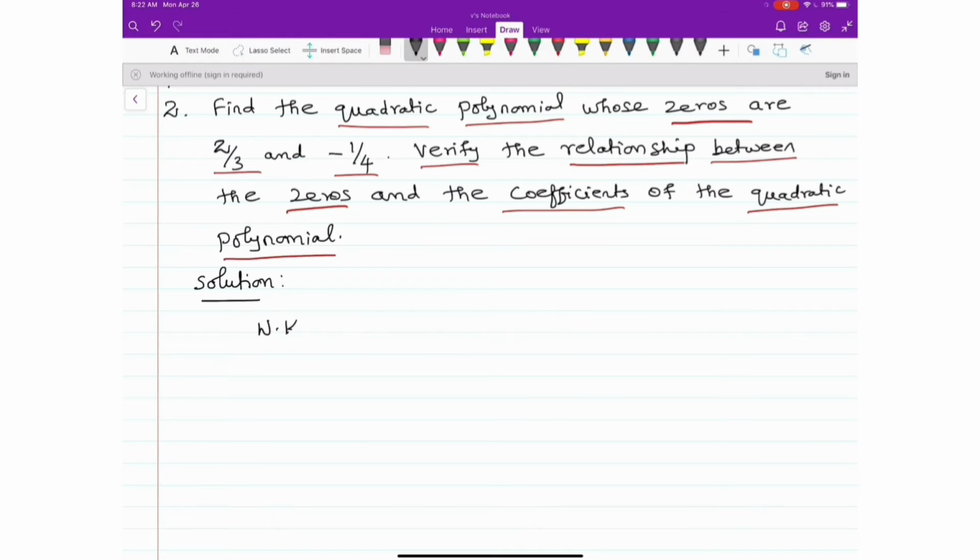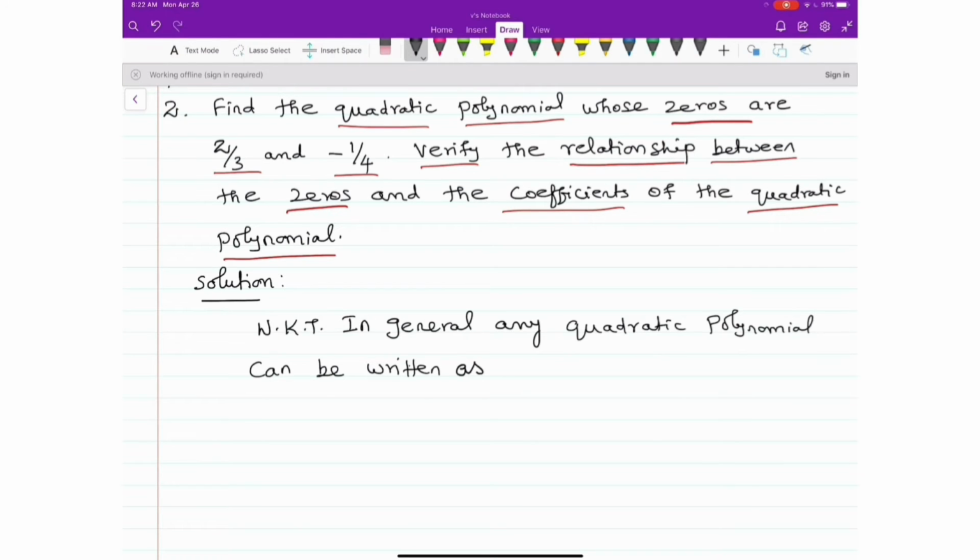We know that in general, any quadratic polynomial can be written as f of x is equal to k into x square minus alpha plus beta into x plus alpha beta, where alpha and beta are the zeros of the quadratic polynomial.